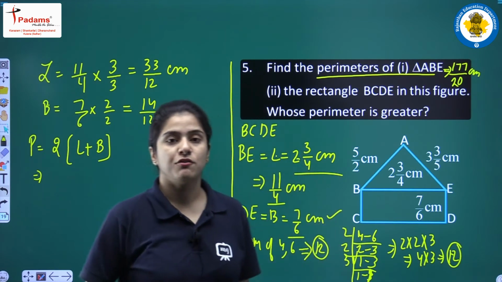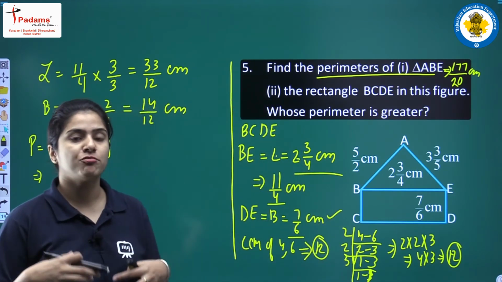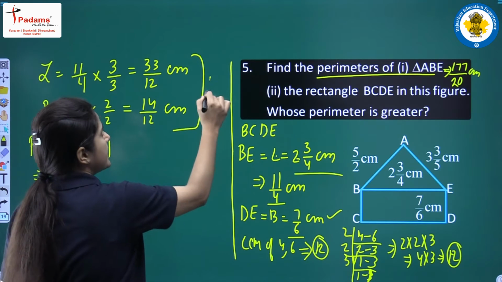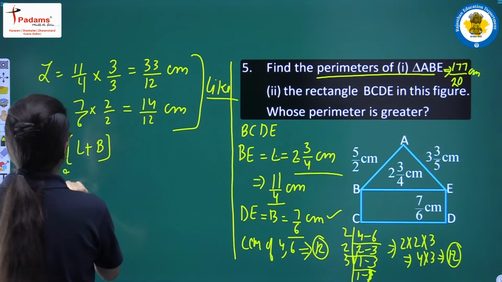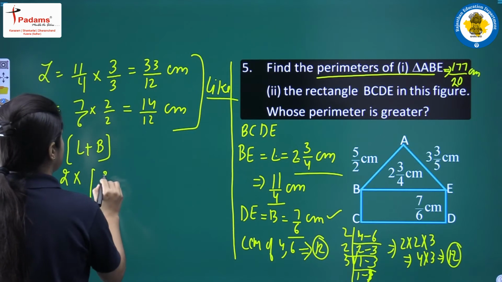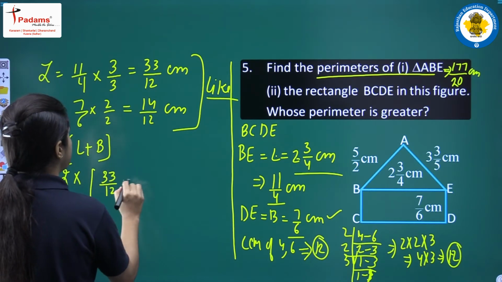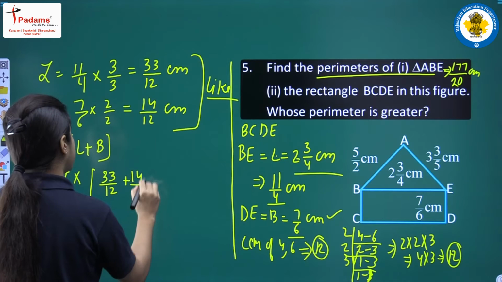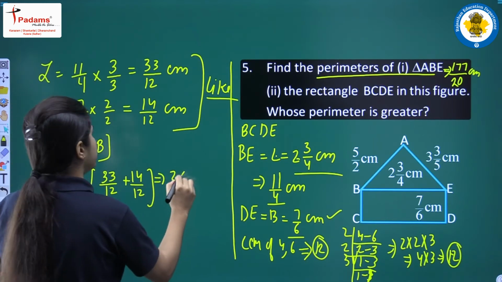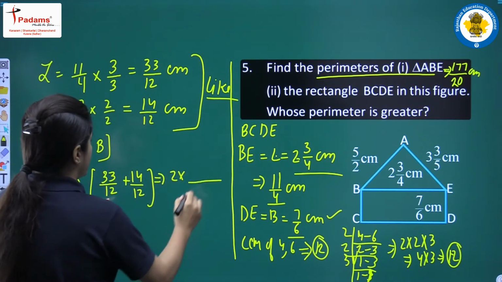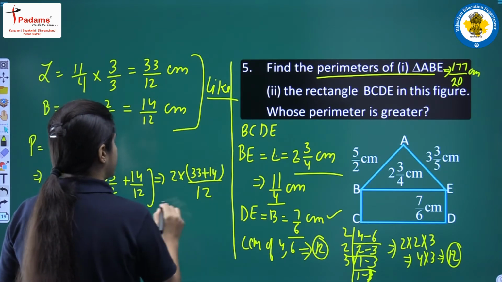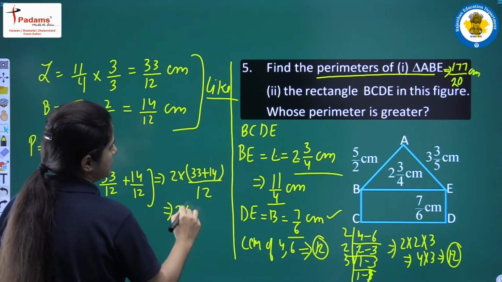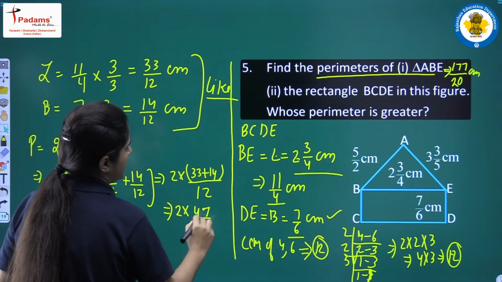Okay students, we know the value of L, we know the value of B, and now these are like fractions, so we can easily do the operation. Okay, so 2 into 33 upon 12 plus 14 upon 12. Okay, so 2 into 33 plus 14 upon 12. Okay, 2 into 47 upon 12.